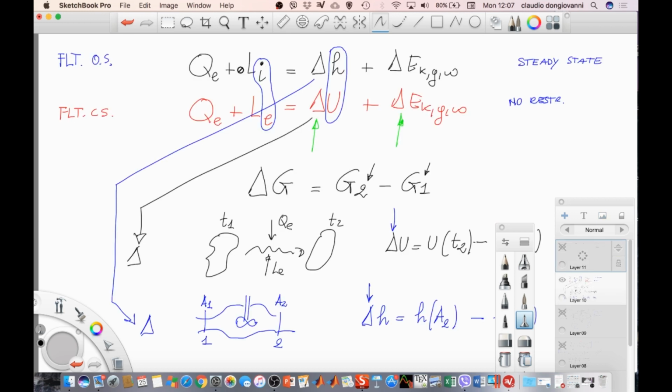If you do the difference between these two relationships, you obtain that the difference between Li and Le is equal to the difference between delta H and delta U, because this, okay, can be removed.